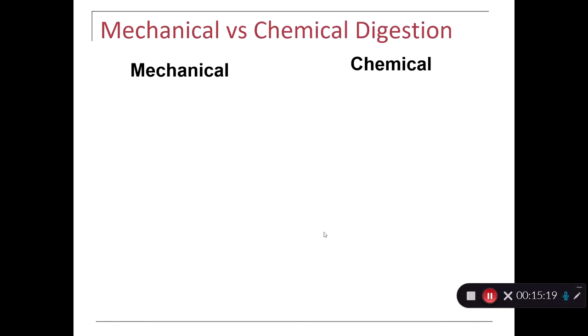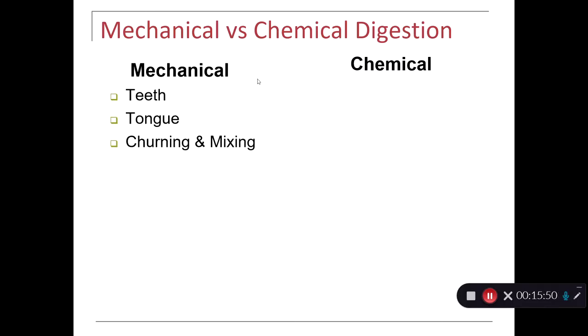Finally, let's talk one last bit of detail, chemical versus mechanical digestion. You will want to know the difference between the two, as well as I mentioned earlier, that mechanical digestion is really important to know what parts of the digestive system do it, as well as that chemical digestion, how each body part or each organ or portion of the digestive system creates and produces chemicals.